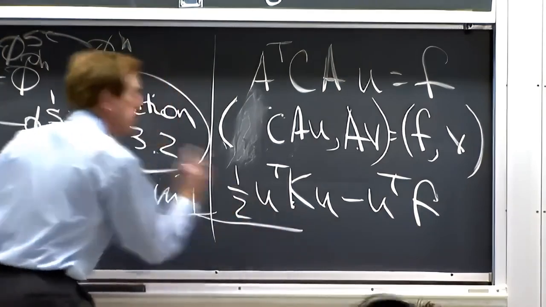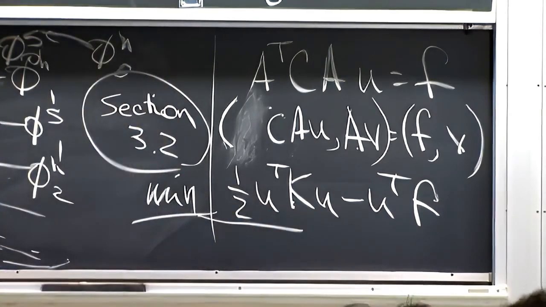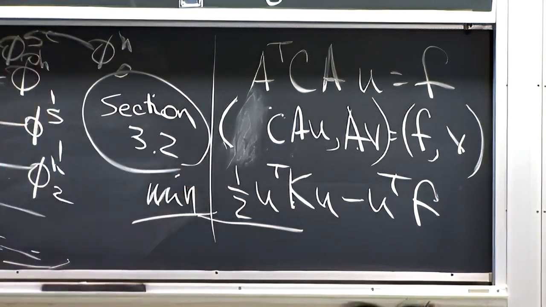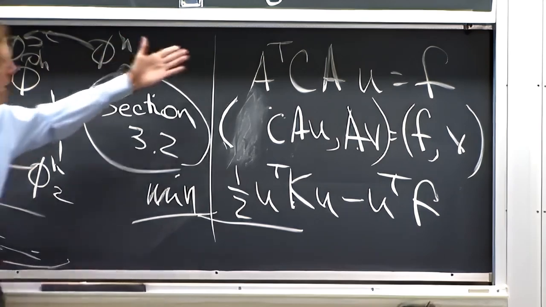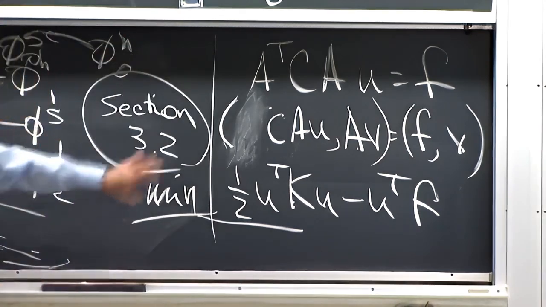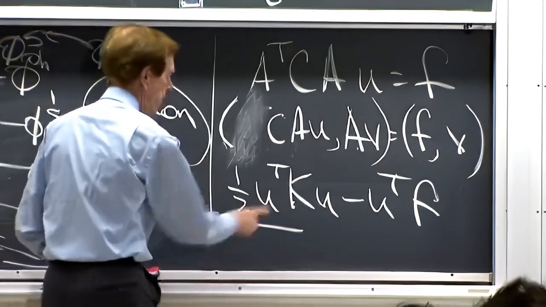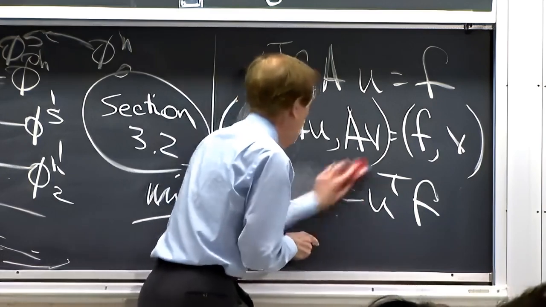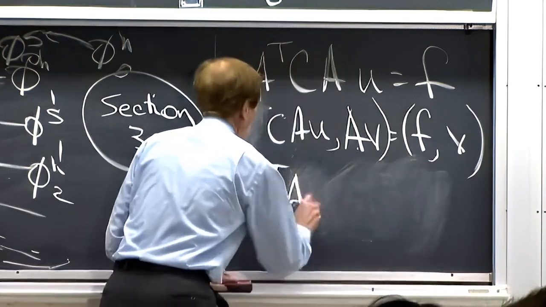This is the minimum statement of the problem. If I look for the U that minimizes that quadratic, it leads me to the equation KU equal F. So that's the minimum statement. And if we wanted to really look perfectly like the others, I would put in A transpose CA.